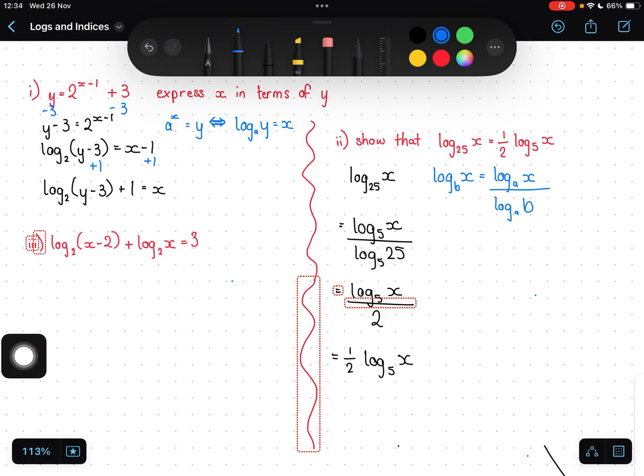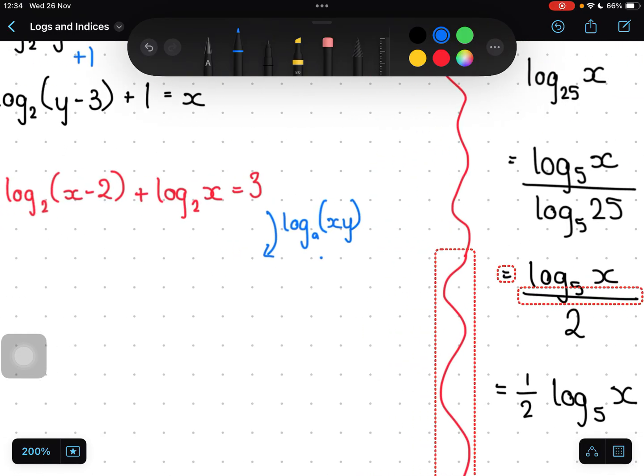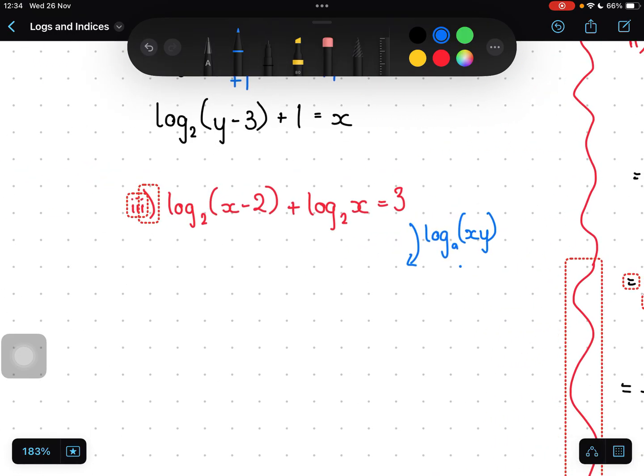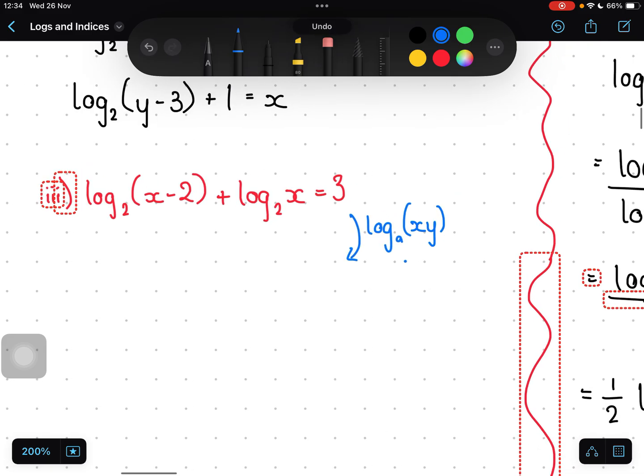So if I look at my log rules, my very first log rule is that if I have log with a base a of xy, that is equal to log with a base a of x plus log with a base a of y.